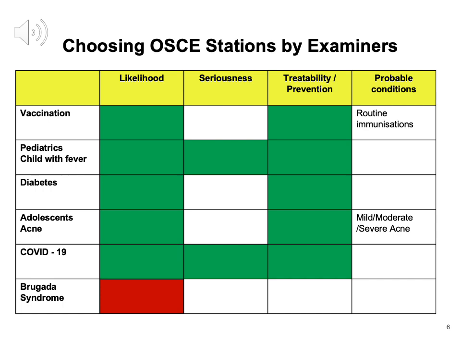No, they would talk about different kinds of management or how to control diabetes, when to start insulin, etc. And in adolescents, they might pick up common conditions like acne. And again, in acne, they might have mild, moderate, or severe. COVID-19, yes, there would definitely be questions because its likelihood, seriousness, treatability, and prevention, everything is there. So be ready. They will not ask things like Brugada syndrome.